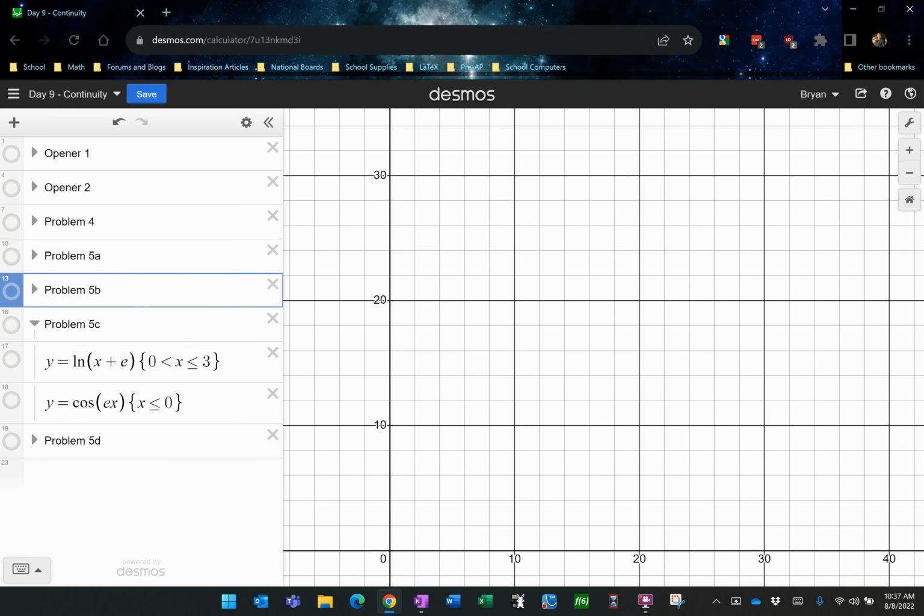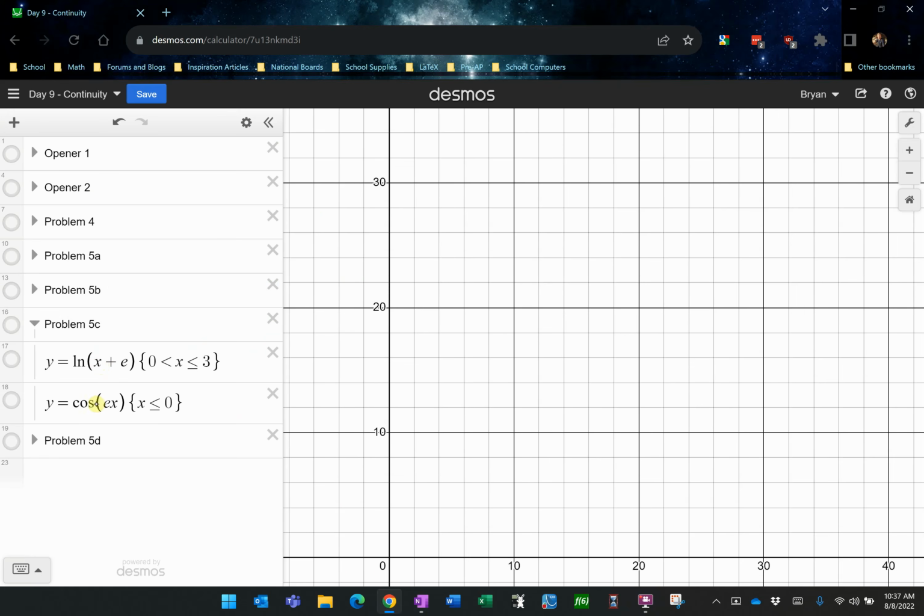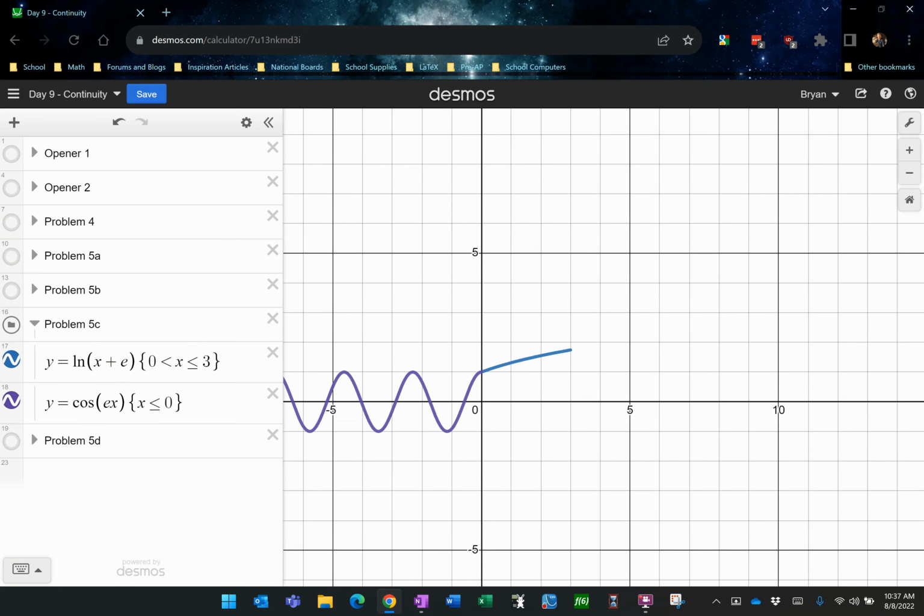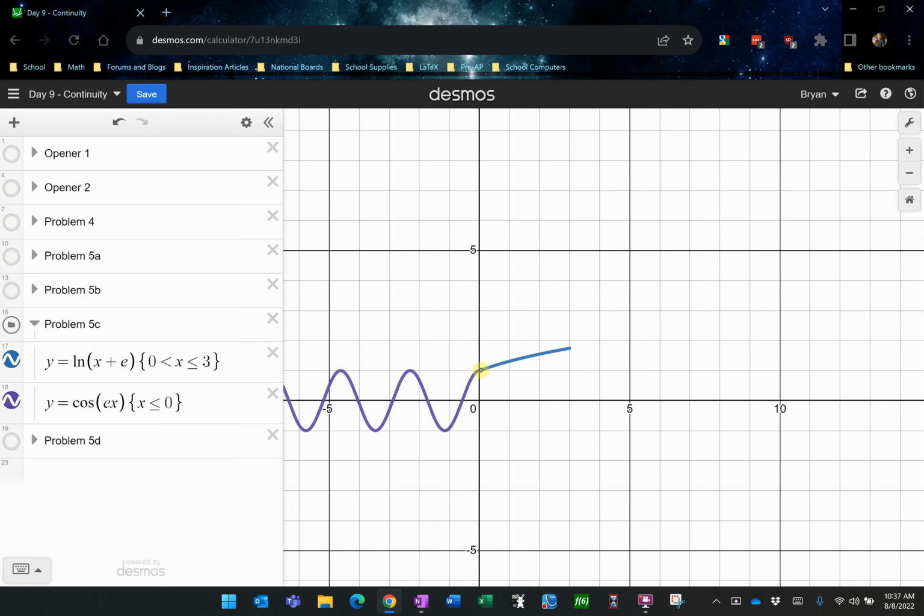Graphically, it looks something like this. Natural log looks something like this, kind of like that downward facing parabola almost, and then cosine is the cosine wave, and you'll notice we have it over here. Natural log just had this part, and it has been translated to the left e units, so it would go down something like this. And here's your cosine that's bouncing up and down. Definitely now we are continuous at 0.